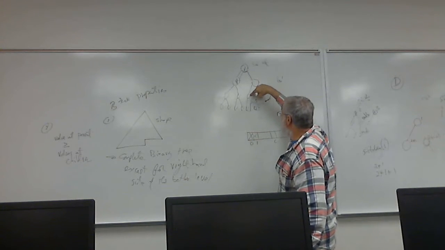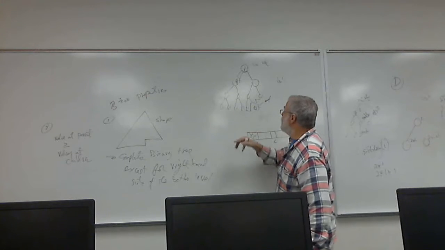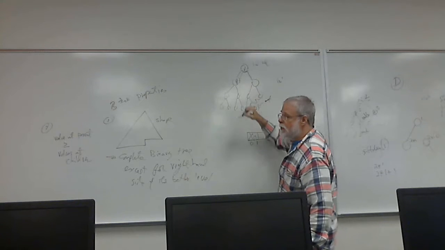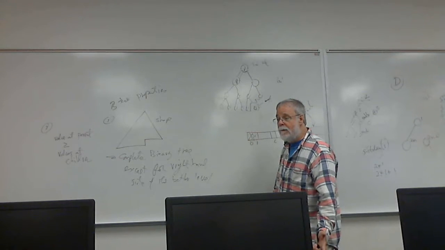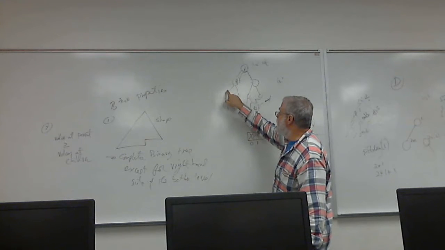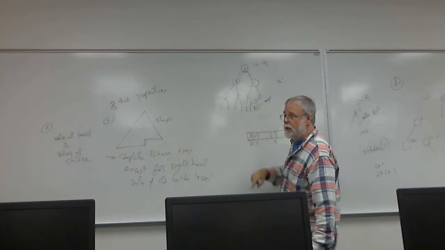So this guy is greater than or equal to this. And so the only possible place that's bad right now is this guy, which may not be greater than or equal to its children. If it is, I'm done. If it isn't, then I'm going to either bring it down here or bring it over here.